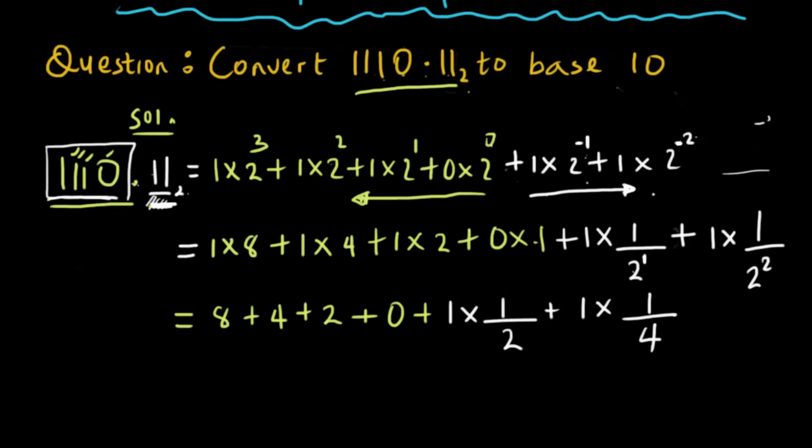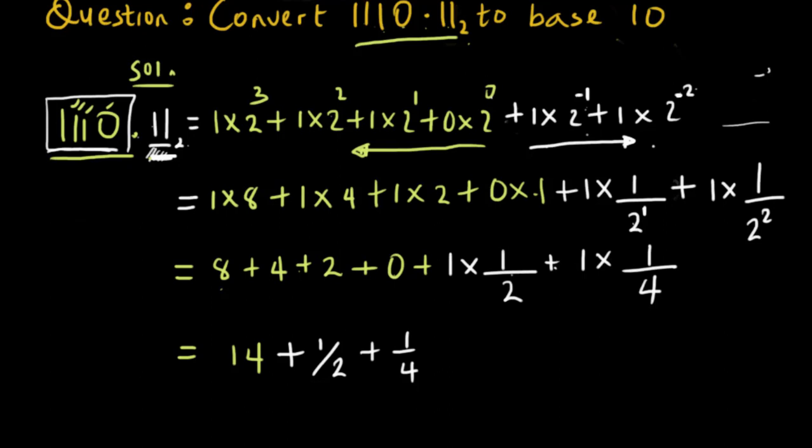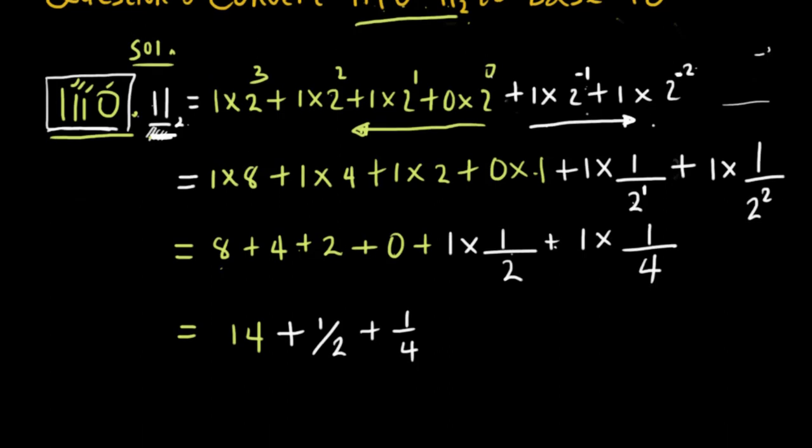So 8 plus 4 is 12, 12 plus 2 is 14, 14 plus 0 is 14. Then plus 1 times half is 1 over 2, plus 1 times 1 over 4 is 1 over 4. So we have 14 plus 1 over 2 plus 1 over 4.